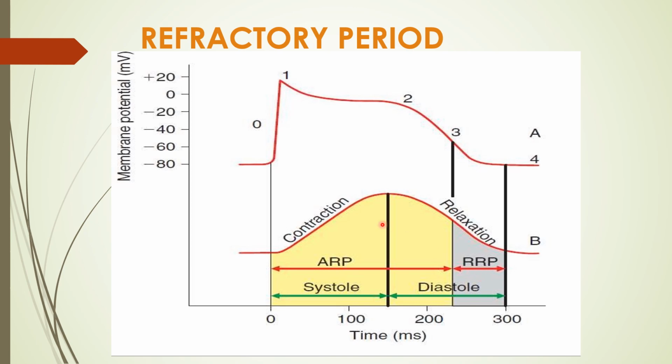The significance of this long refractory period in cardiac muscle is that the cardiac muscle is refractory to any stimulus during the contraction phase, that is, systole. This long refractory period helps in the complete relaxation of the heart.